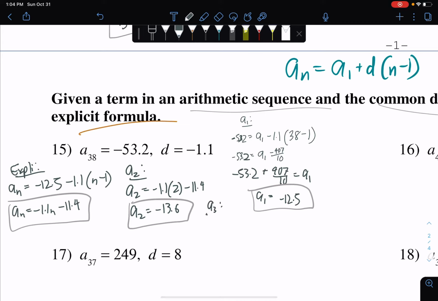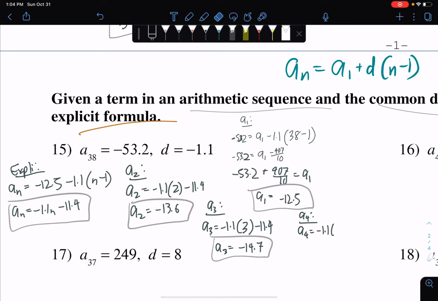For a sub 3, a sub 3 is equivalent to negative 1.1 times 3 minus 11.4. Our answer is negative 14.7. For a sub 4, it's equivalent to negative 1.1 times 4 minus 11.4.